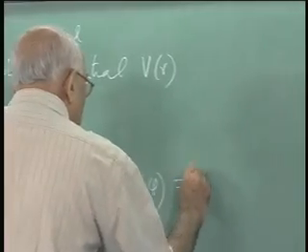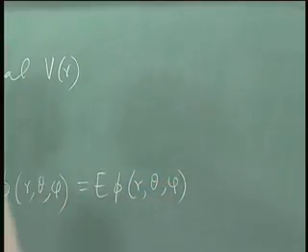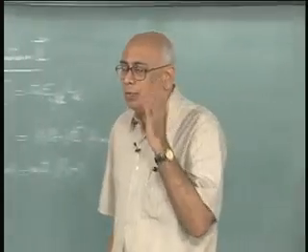This is equal to E phi of r, theta, phi. That is my time independent Schrodinger equation for the stationary state wave functions in the position basis.